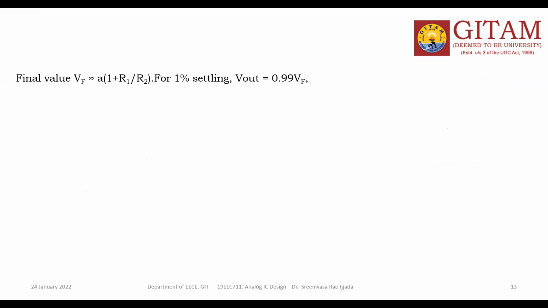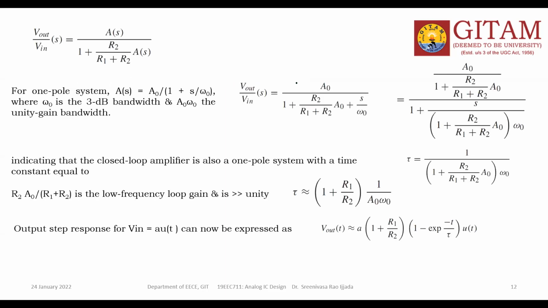Now for 1% settling, V out is equal to how much? 0.99 VF is given in the problem. So in the same equation, at t equal to t 1%, V out is A into 1 plus R1 by R2 into 1 minus e power minus t 1% by tau into u of t.